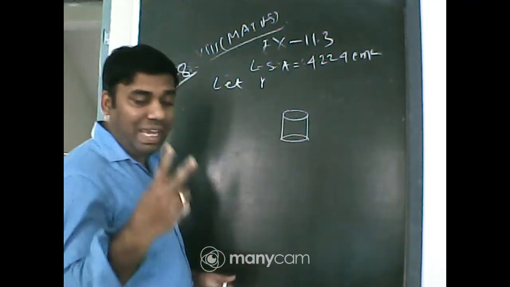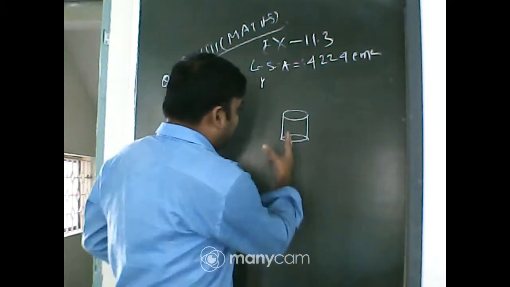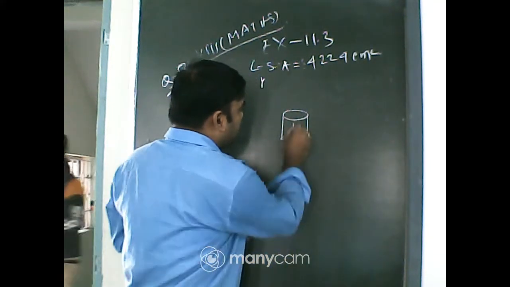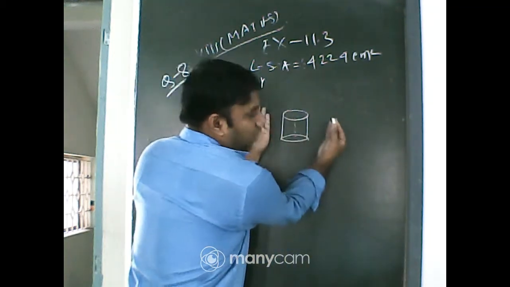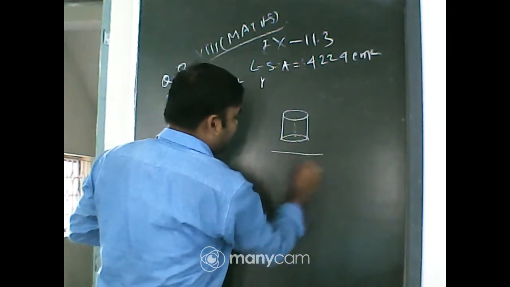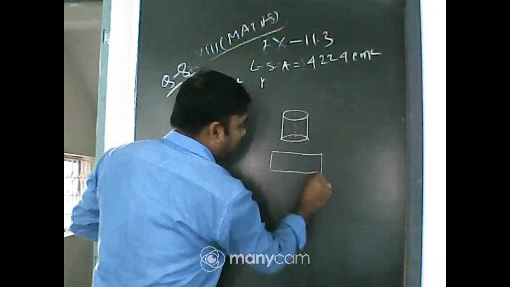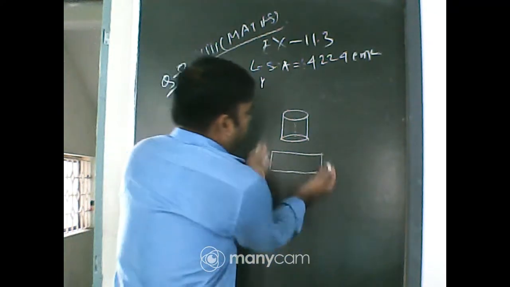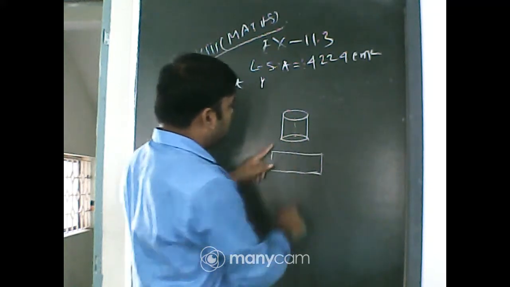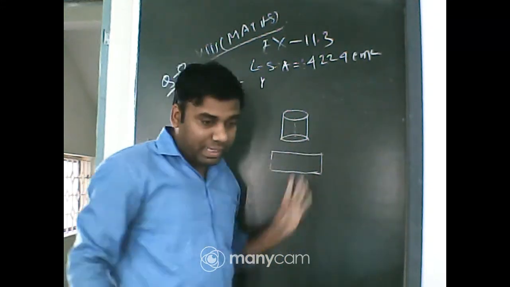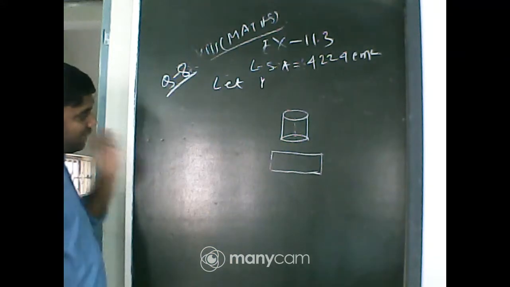Now just take a scissor and cut it along its height, along this dotted side. So obviously it will unfold and you will get a rectangular sheet. Fold it, you will get a cylinder, and unfold it from cylinder to rectangle.